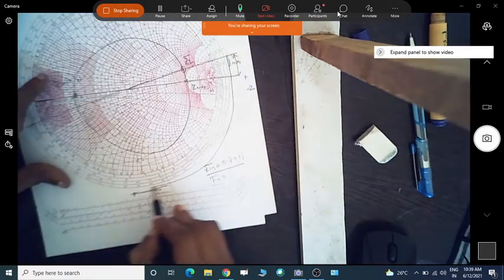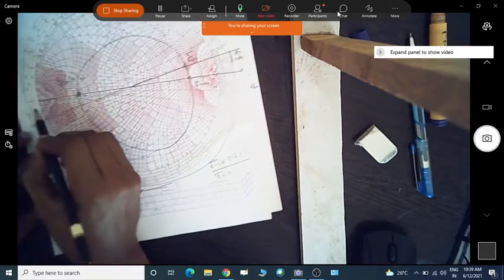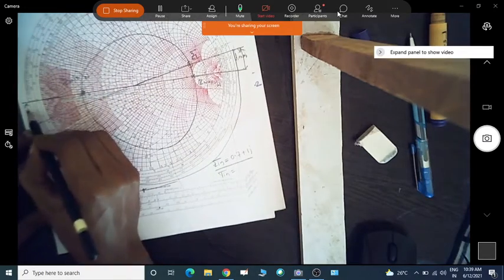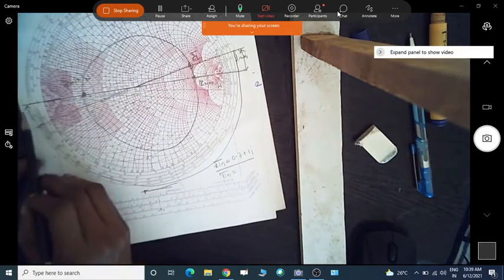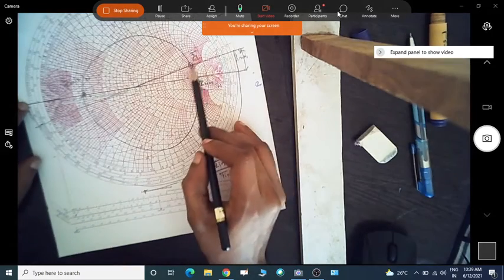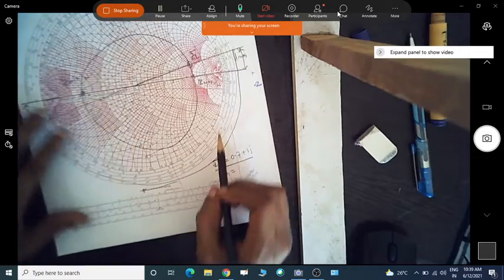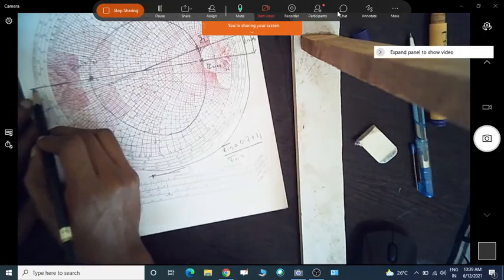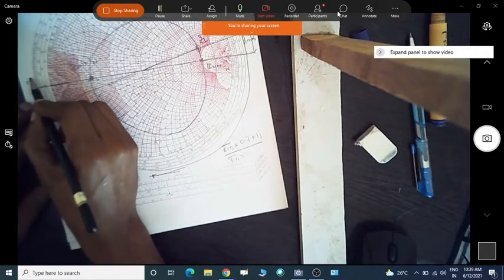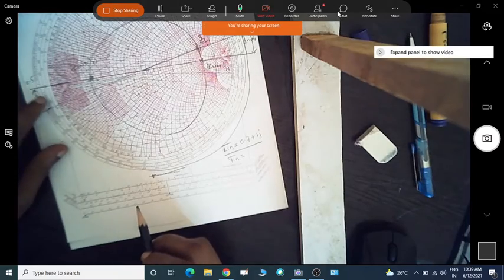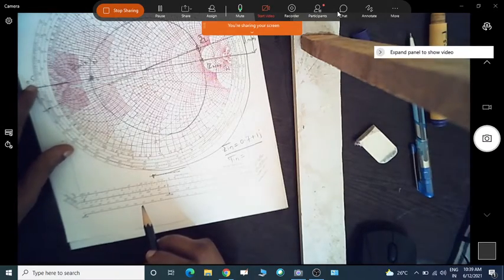From here to the real axis, wherever ZL bar is, from that point to this point. Now we can say this is 0 or 0.5, either we can take.